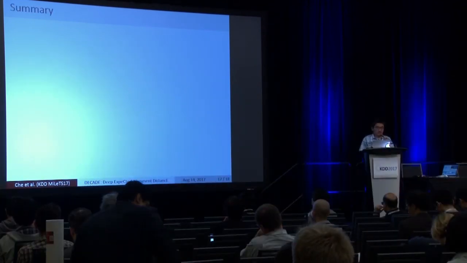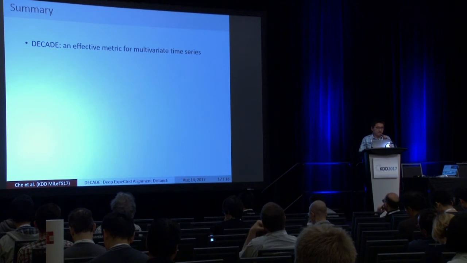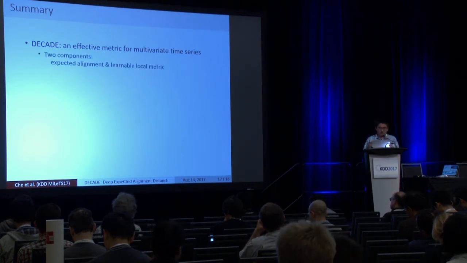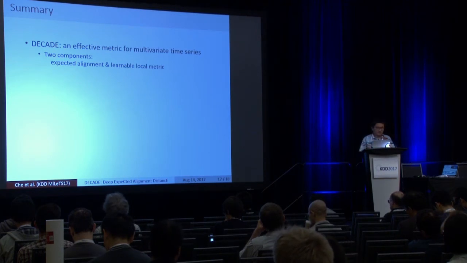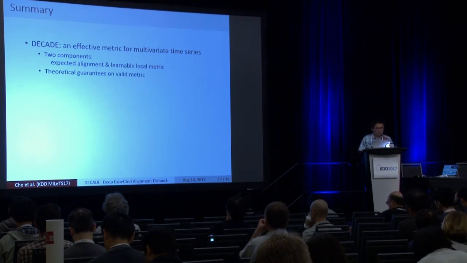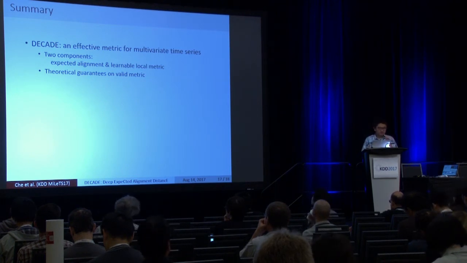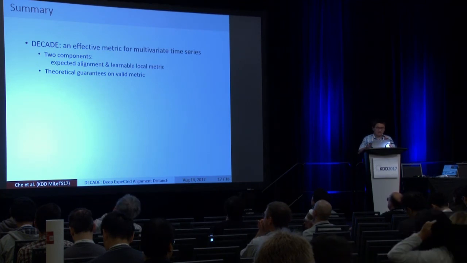And here is the summary of our work. So here we proposed an effective metric for multivariate time series. It has 2 components. One is the expected alignment, and the other one is the learnable local metric. And so it's quite flexible. And we also show that one important thing is there are theoretical guarantees on the validity of this metric, so that it has its own advantage.